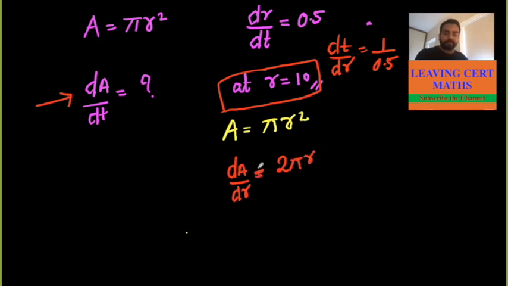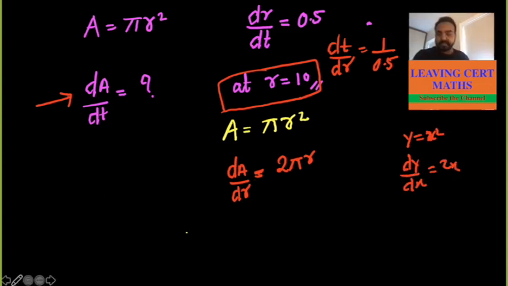Why not? There is r here. I can differentiate this function with respect to r. That's what I'm doing, dA over dr is equal to 2 pi r. If you have y equal to x squared, you do dy over dx is equal to 2x. That's what I'm doing here right now.